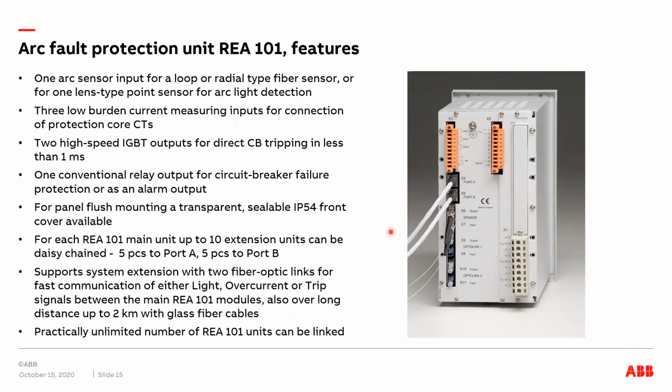We have also current inputs, three-phase current from protection core CTs can be connected to REA 101. And we have both 1 amp and 5 amp rated inputs. Then we have two high-speed solid-state tripping outputs for direct tripping of circuit breaker, and they are so fast they can trip already in 1 millisecond.